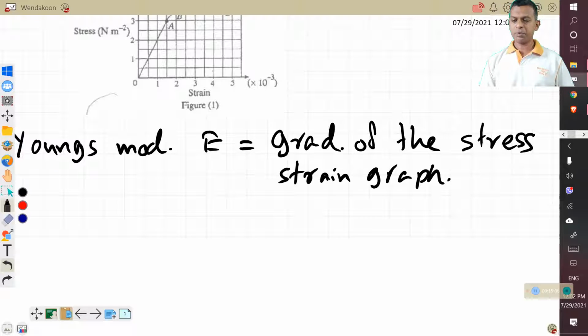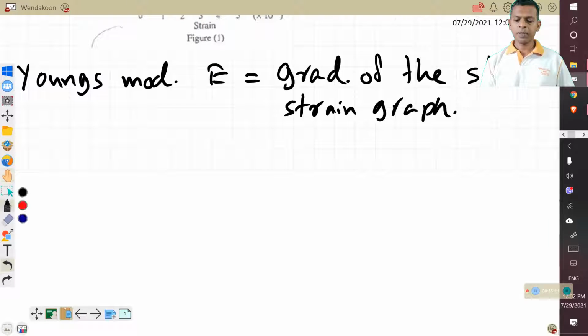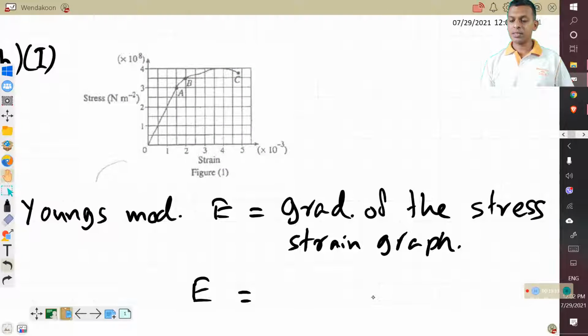Now remember, it is important to write down the principle that you use in an essay type question. Then E is the gradient of the graph. Now you can consider the point A. Its y coordinate is 3 into 10 to the power 8 and x coordinate is 1.5 into 10 to the power minus 3.